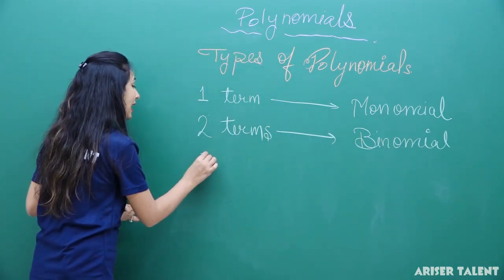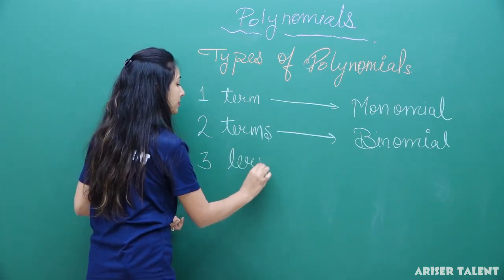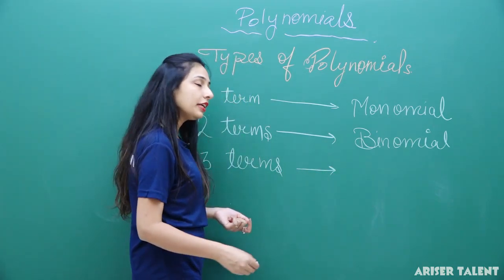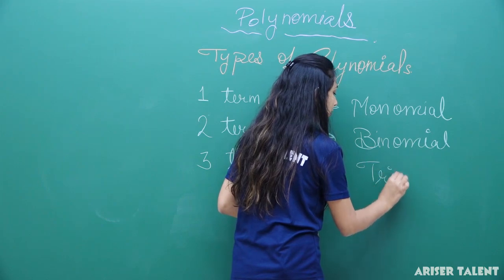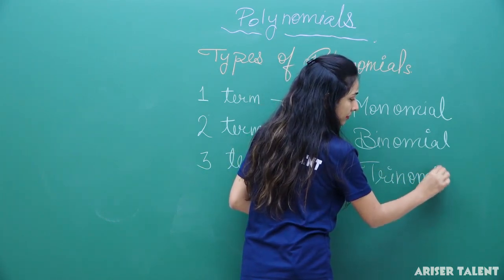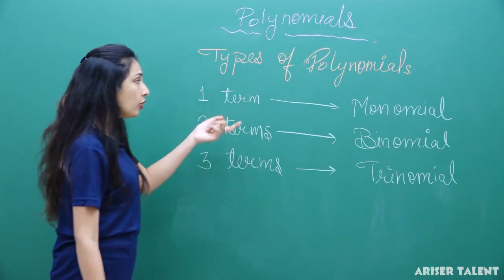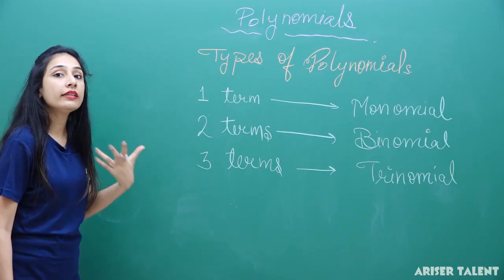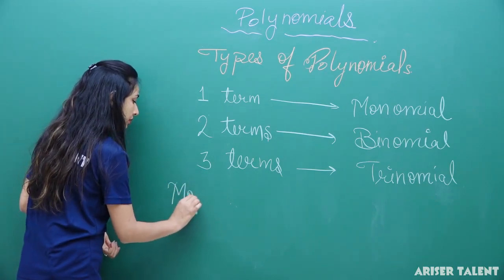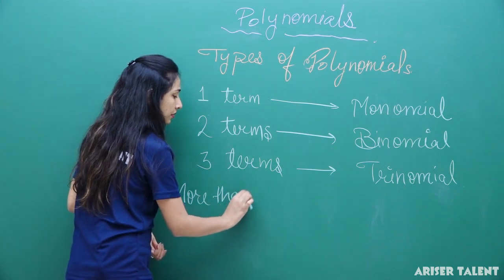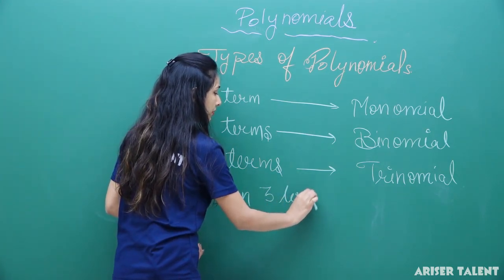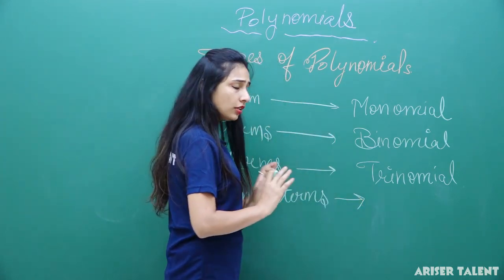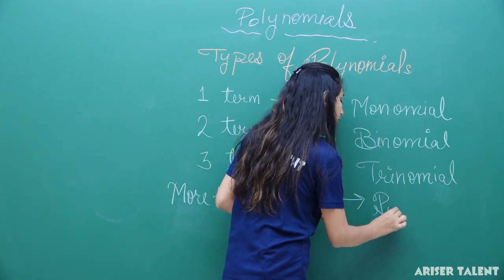If you are having 3 terms in it, then it will be known as trinomial. So monomial, binomial and trinomial. After that, more than 3 terms: all having more than 3 terms will be called polynomial.